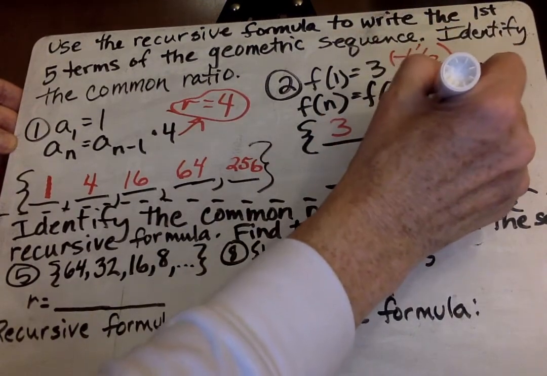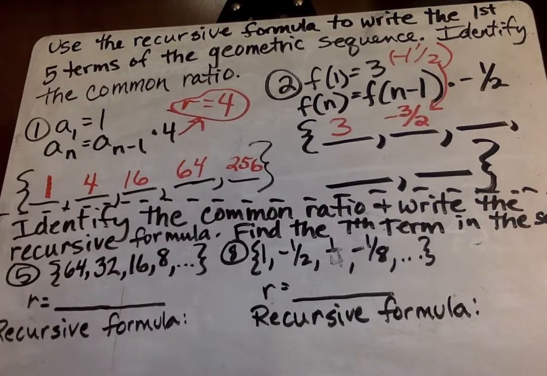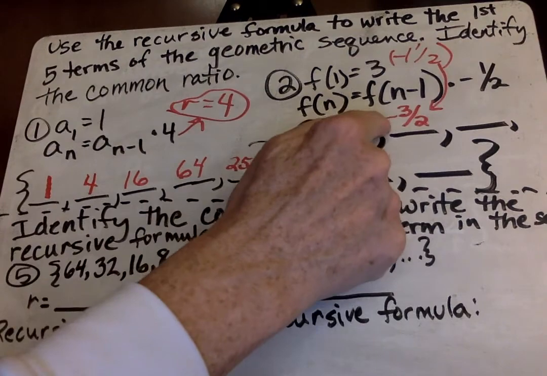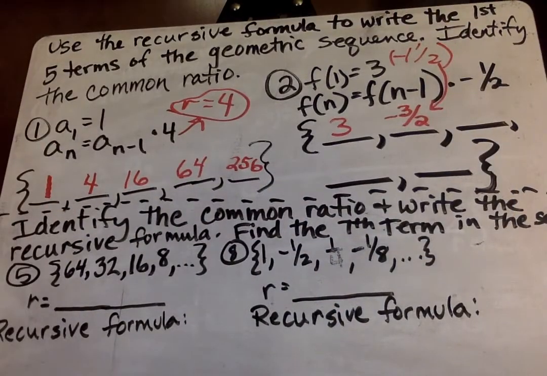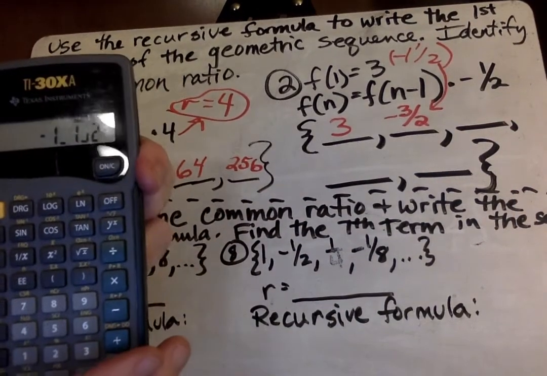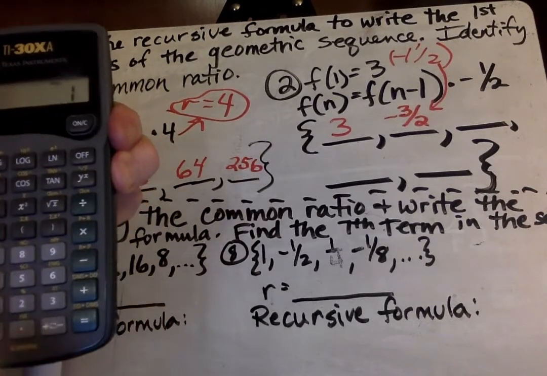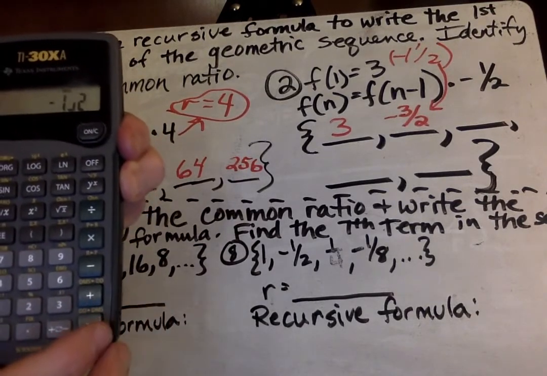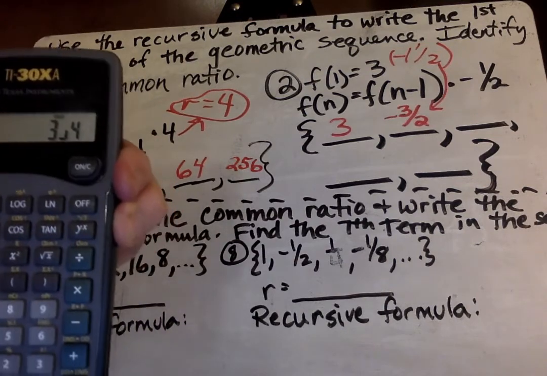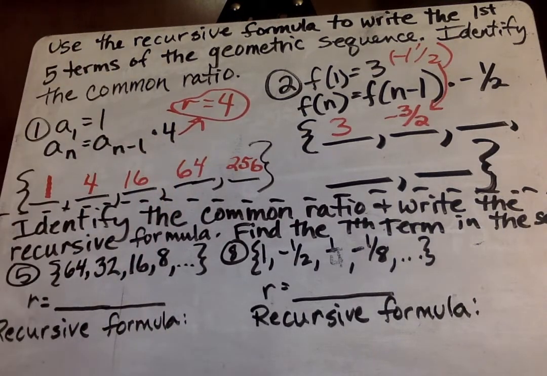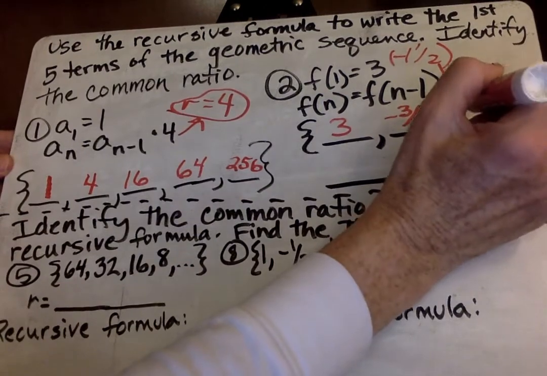I didn't leave enough room to write that. Then we go to the third term, so we take the second term and multiply it by negative 1/2. I still have it in my calculator, so all I do is go times 1 ABC2 negative equals 3/4. So this is 3/4.